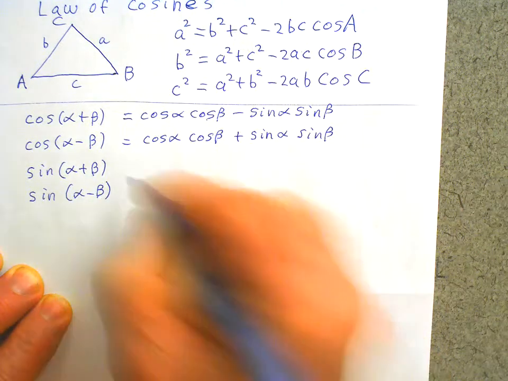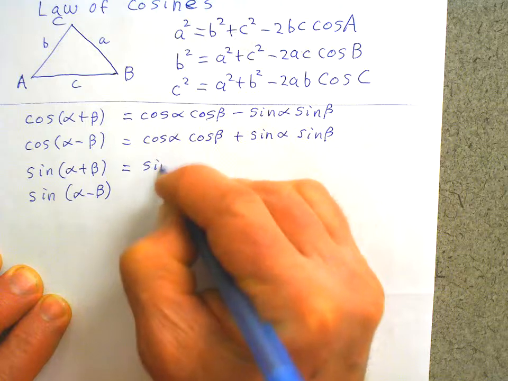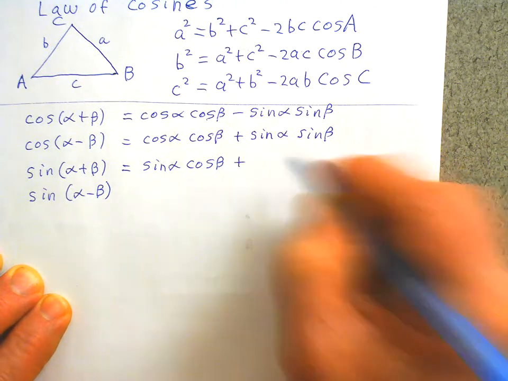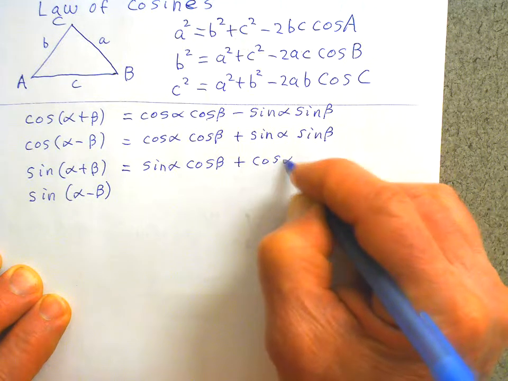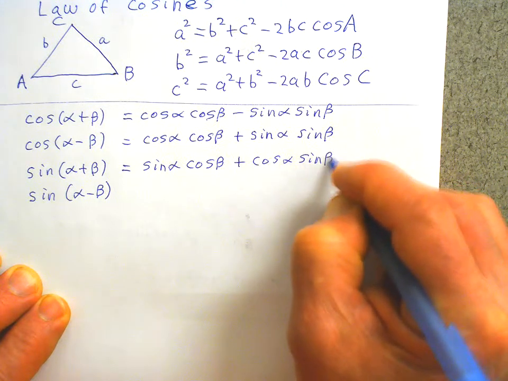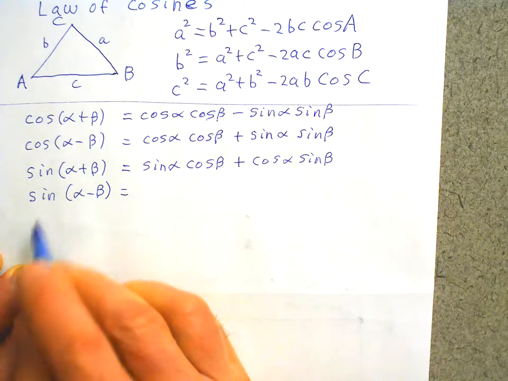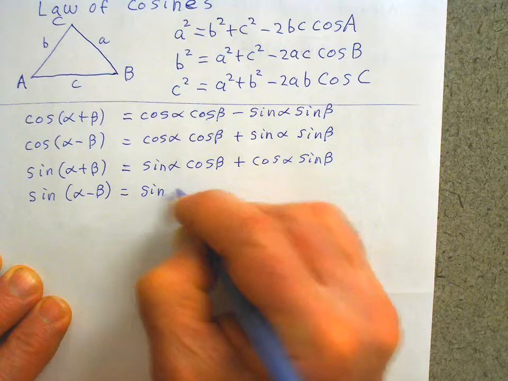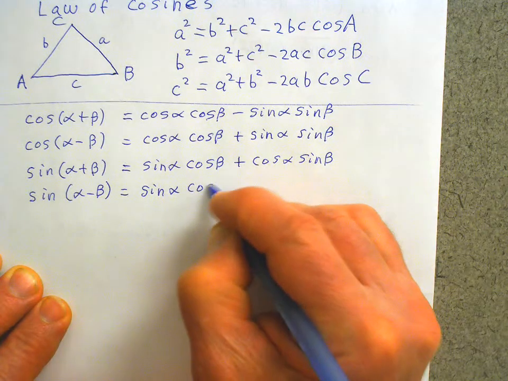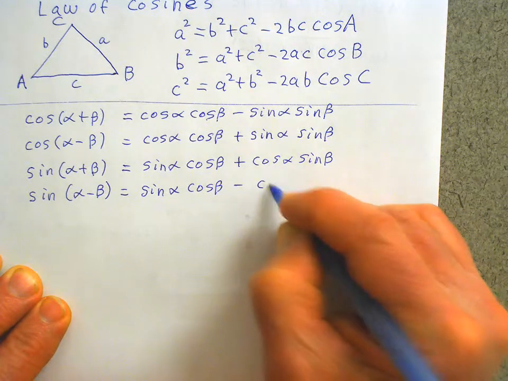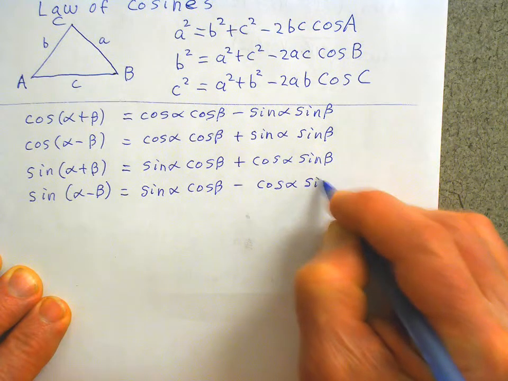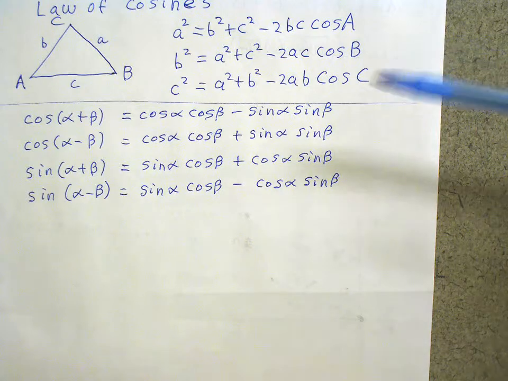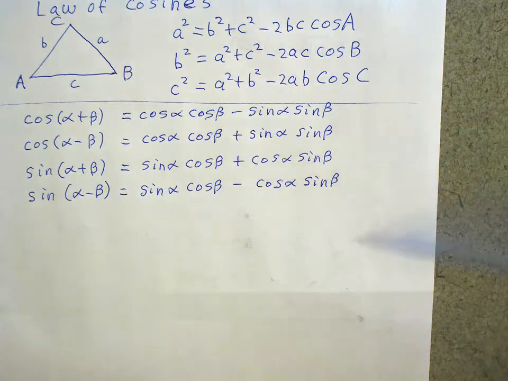Sine of alpha plus beta is sine of alpha times cosine of beta plus cosine of alpha times sine of beta. And then sine of alpha minus beta is sine of alpha times cosine of beta minus cosine of alpha times sine of beta. So make sure you absolutely know these.